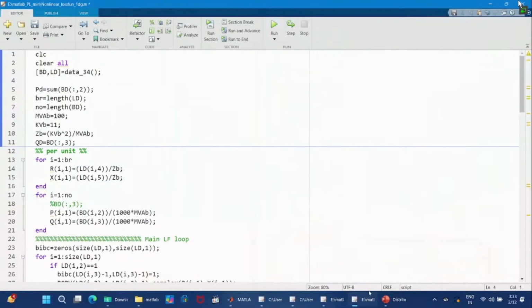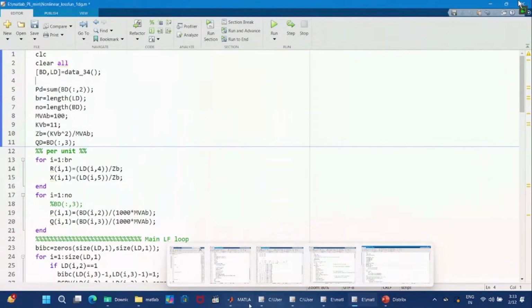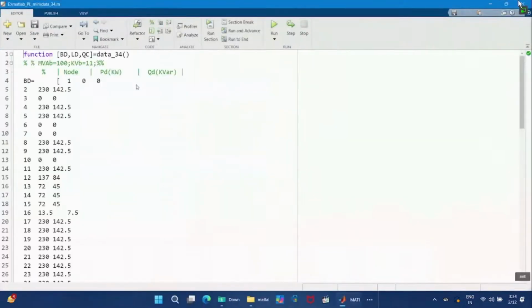Actually, what I am trying to say is that whatever our data file is, we have to make the necessary modification in the data file. Suppose at bus number 23 we insert 50 kVAr, then this data file will become 92.5 instead of 142.5. Due to this 92.5, your results for power loss and voltage will be different.